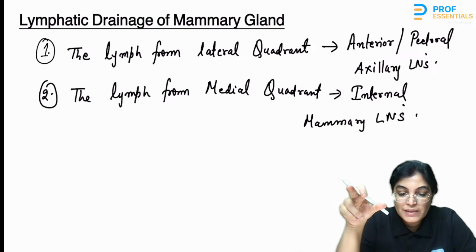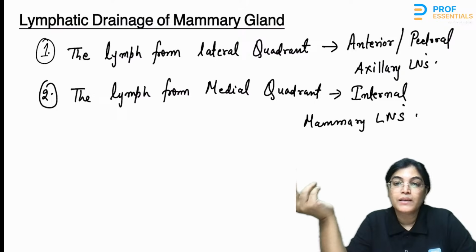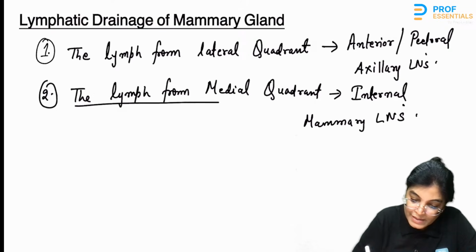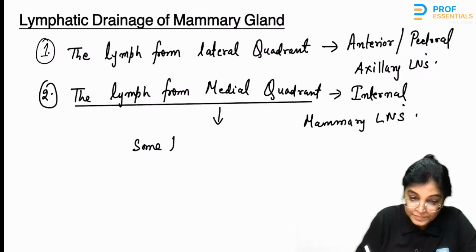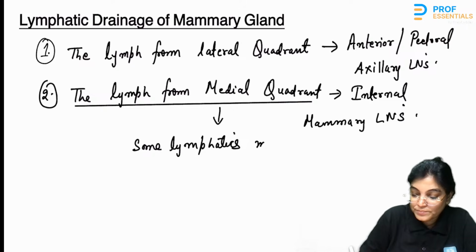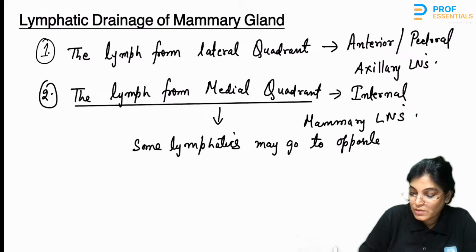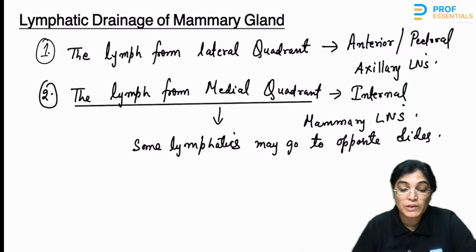Some lymphatics will go to the internal mammary lymph nodes of the other side also, so lymphatics may go to the opposite side. What does this mean? That means cancers of one breast can become bilateral because of this.